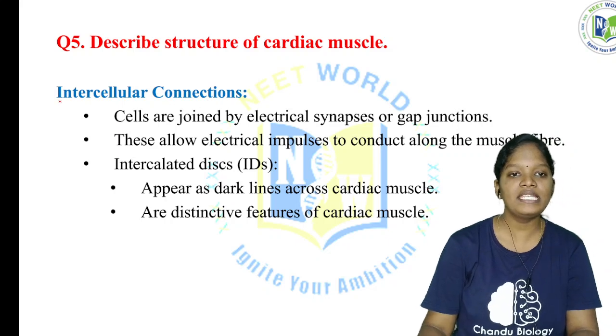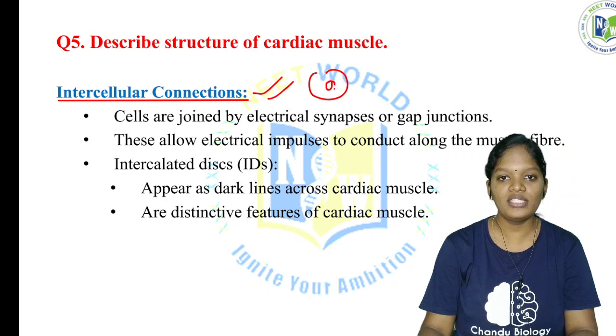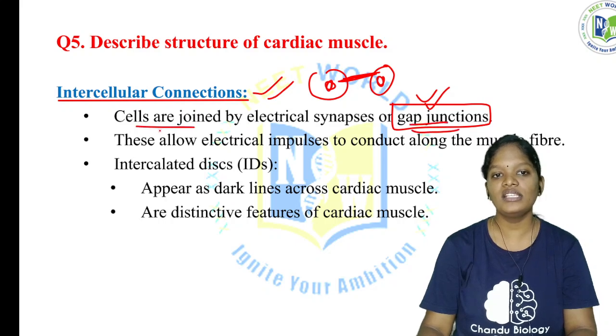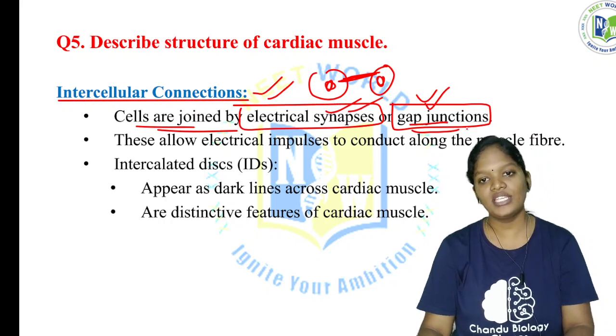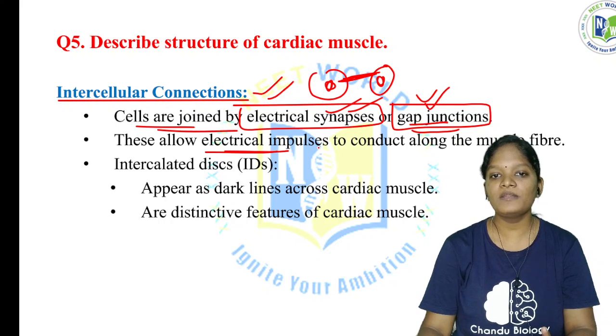So what are intercellular connections? As I mentioned before, this is a cell and this is another cell. These two cytoplasms are connected with each other because of junctions, called gap junctions. Because of this gap junction, the cells can be joined by an electrical synapse. This allows the electrical impulse to conduct along the muscle fibers.